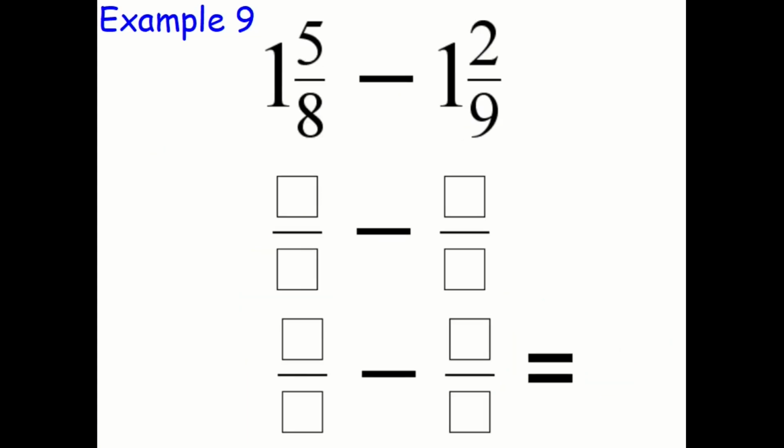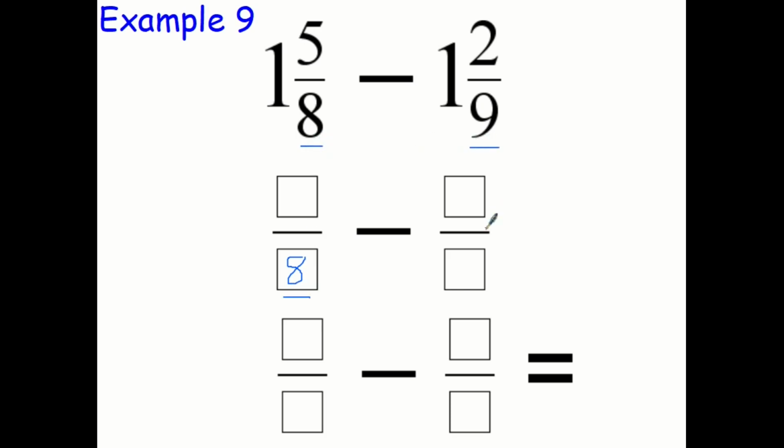Example 9, 1 and 5/8 take away 1 and 2/9. So step 1 is to change these into improper fractions, and I really strongly recommend you do this, especially with subtraction, because otherwise it could get a little bit tricky. Remember, if you're changing a mixed number into an improper fraction, the denominator is always going to be the same as what your denominator is there.